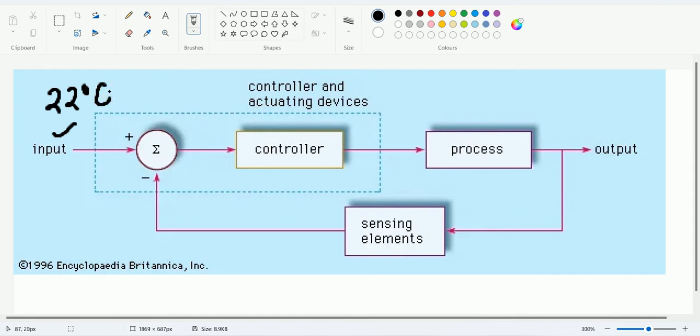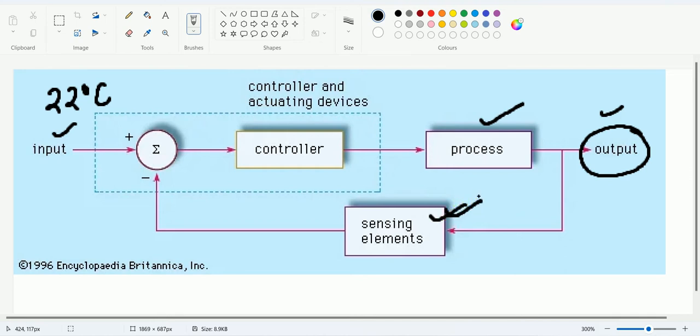And here there will be processing. Devices will be used to maintain the room temperature, and after processing, there will be outputs. These outputs will be observed by the sensing element.